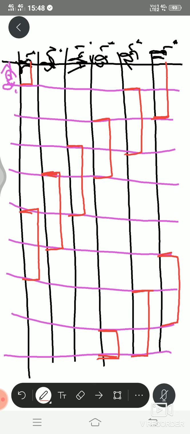So these are the gate pulses. All the x-axis will be t. t will be the x-axis.